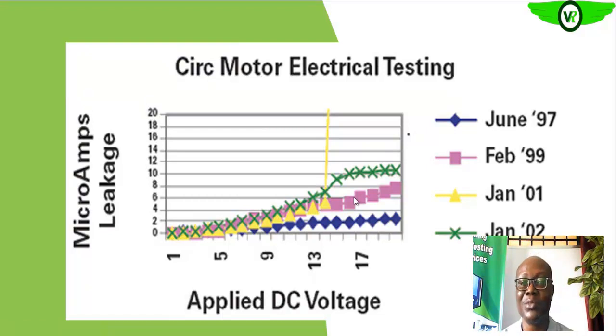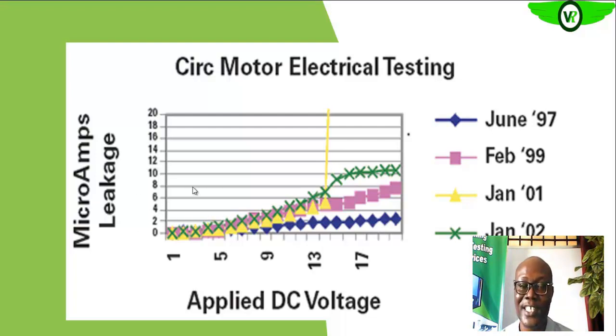This is a test on an electric motor, the result of a test on an electric motor, the leakage current. Remember, the lower the leakage current, the better for us. So you see each of the curves for different times when the measurement was done. Remember, the leakage current gives us an idea as to the dielectric strength of the insulation in our equipment.